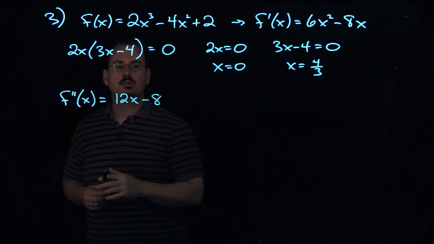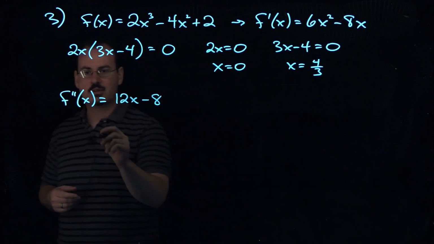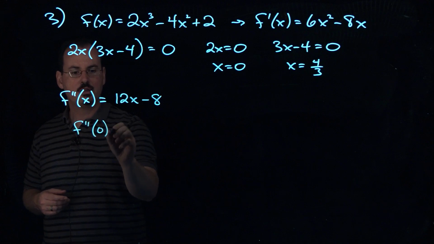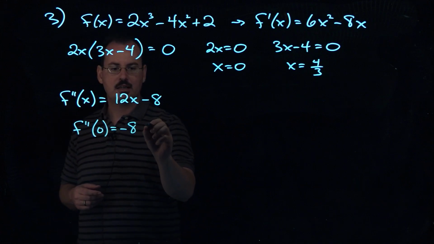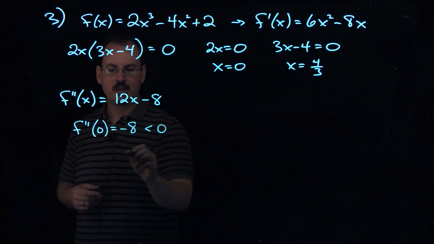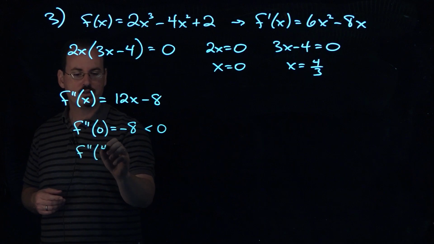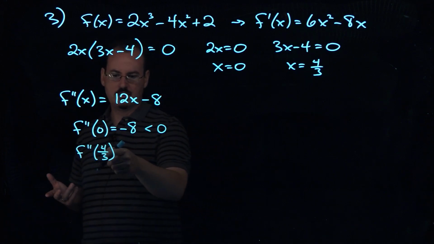Okay? So what I want to do is take these two critical numbers and just plug them into this function. So I'm going to get f double prime of 0. And notice that f double prime of 0 is negative 8. That's a number that is less than 0. And then further notice that f double prime of 4/3. Now I don't really care what it actually is, although I guess we can figure that out.